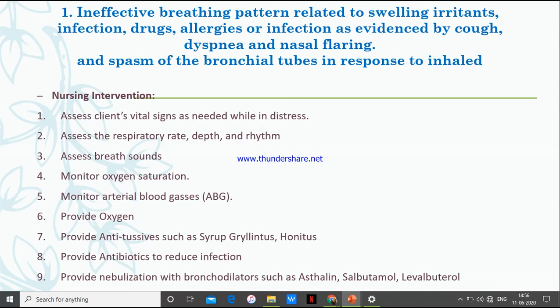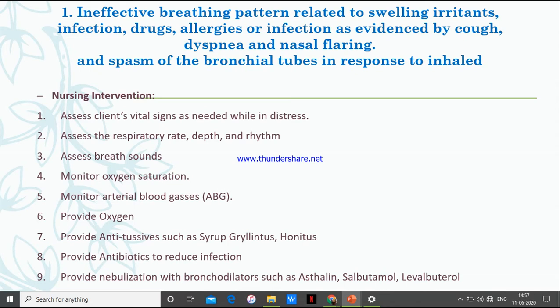Then we have to assess the respiratory rate, the depth and the respiratory rhythm. Next you have to assess the breath sounds, are they having any wheezing or rhonchi. Then you have to monitor the oxygen saturation by using the pulse oximeter. Next, monitor the ABG gases, then provide oxygen to the patient because they are having difficulty in breathing.